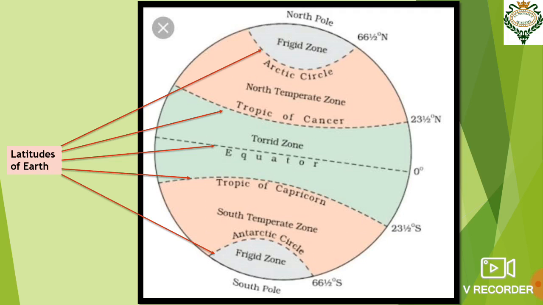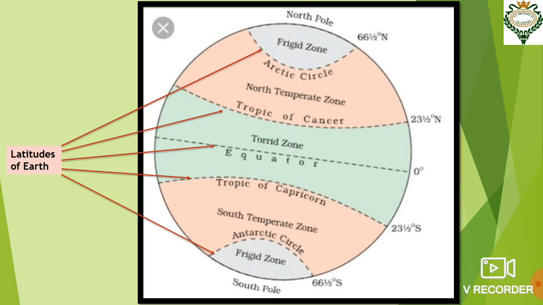The temperatures are moderate here as these places receive slanting rays of the sun, and the places located in these zones are neither too cold nor too hot. However, the areas that are closer to the tropics are warmer than the areas that are closer to the Arctic or Antarctic circles. So these are the North Temperate Zone and the South Temperate Zone.